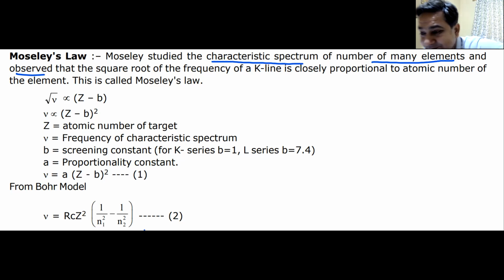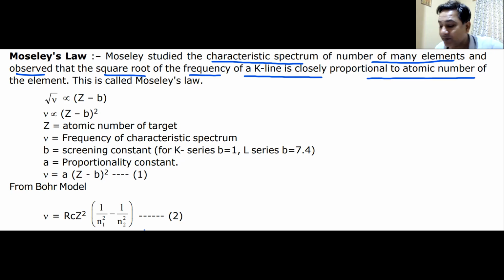Understood? And he was a big mathematician, and he discovered that the square root of the frequency of the K line, the K series, is almost directly proportional to the atomic number. Do we understand this?